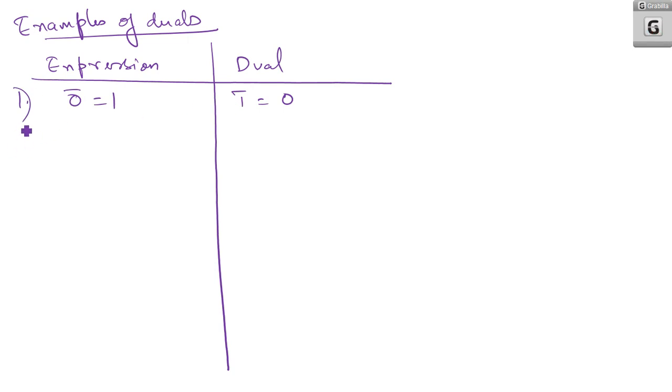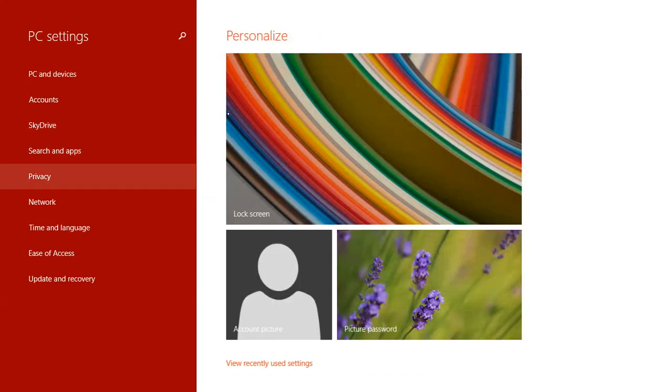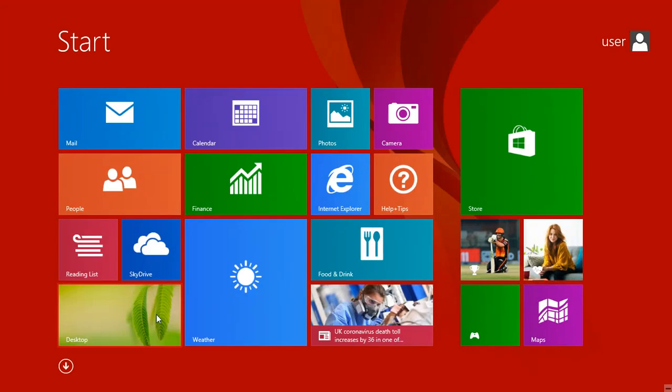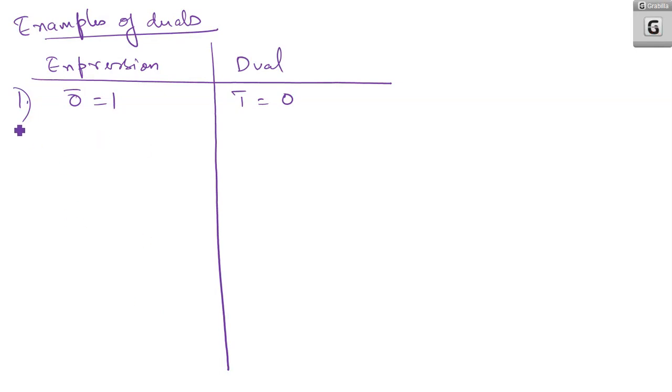Coming to the second one: 0 dot 1 is equal to 0. What is the dual? We can write 0 or 1 is equal to 1.